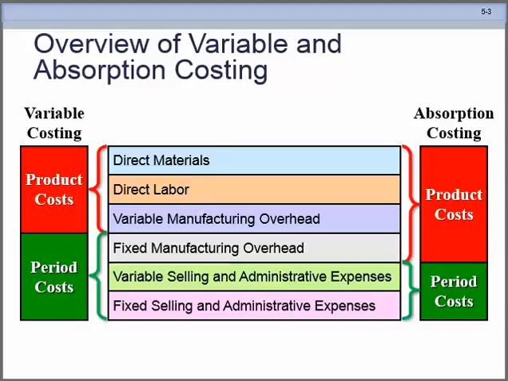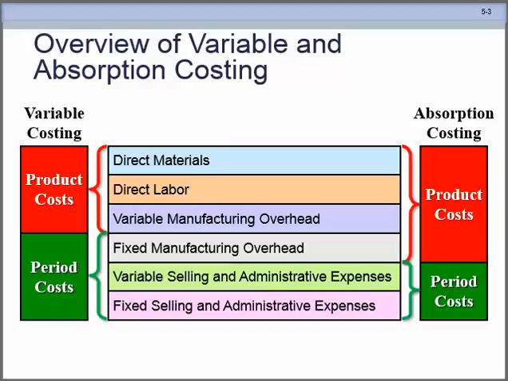So in this case, if we look at our graphic, we are only looking at direct materials, direct labor, and variable manufacturing overhead, because remember, these are the items that are going to change with levels of activity. And that's why we had to learn product costs. Period costs are treated differently under variable costing. And this comes back to that whole contribution margin idea that we've already discussed.